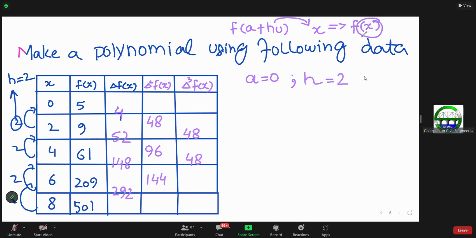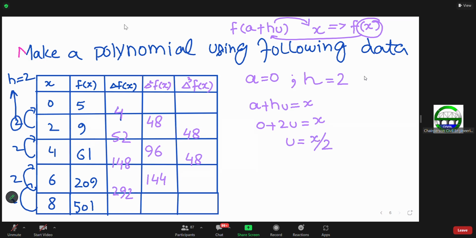So a plus hu is equal to x, right? So can you solve it? 0 plus 2u is equal to x. And then we can say that u is equal to x by 2, right?